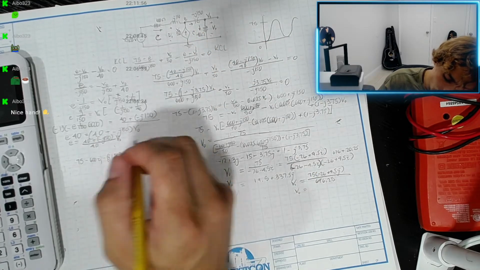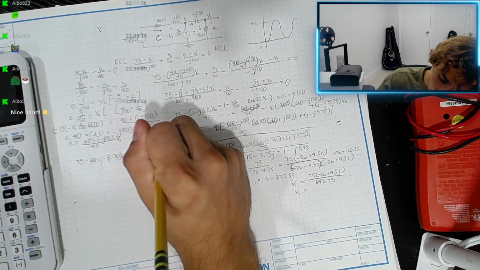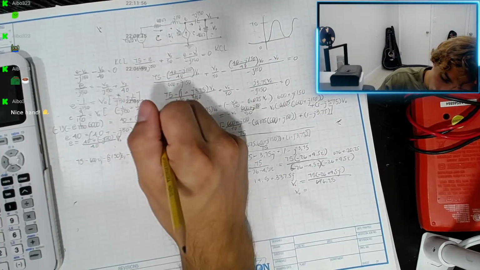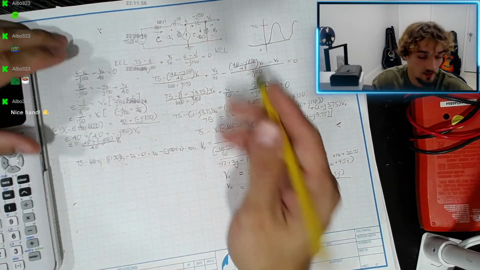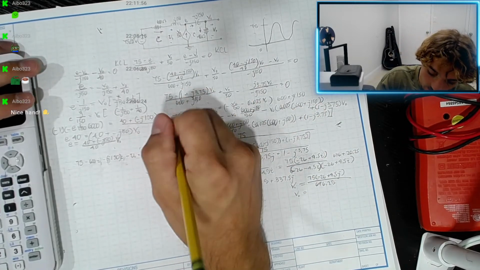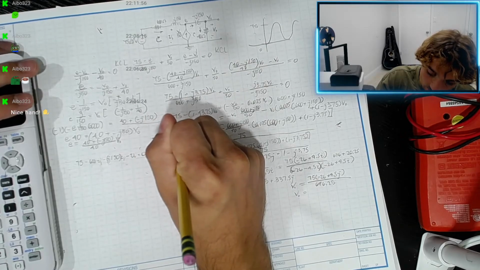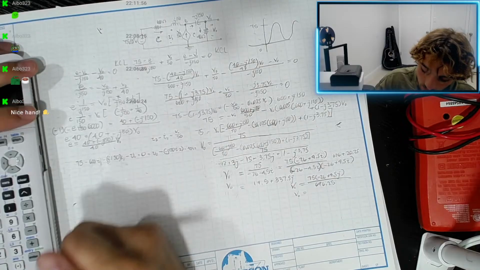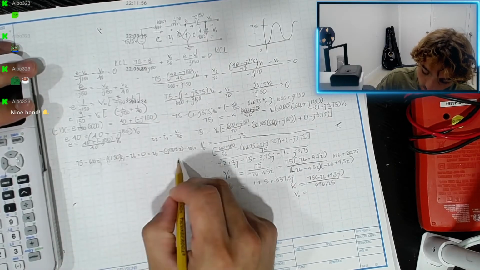We'd say I2, because the dependent current source is going in the direction of I2. So we'd say I2 minus I1 equals V out divided by 50.